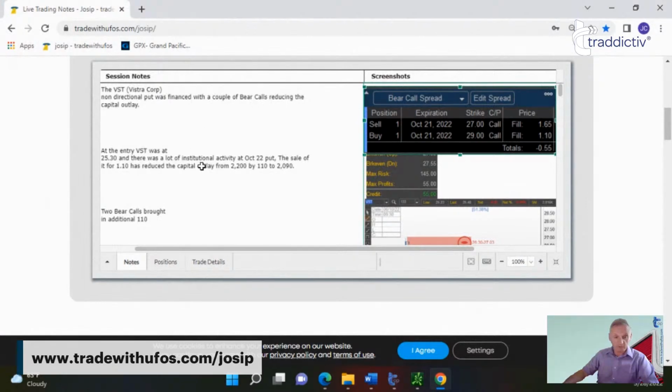So what really happened here, that we saw that the big institution was showing up the activity at 22 put, and we were able to sell that for $1.10, and that has reduced our margin from $2,200 minus that 110 to 2,900.